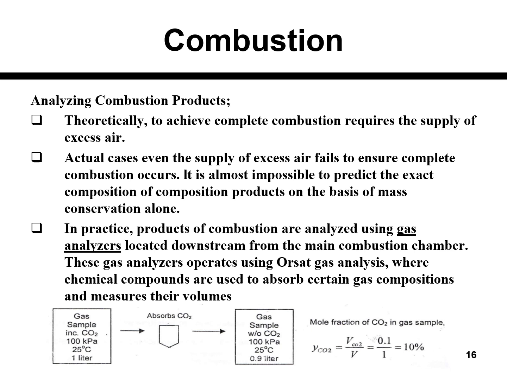In order to analyze the combustion products, theoretically, to achieve complete combustion it is required to supply excess air. In actual cases, even supplying excess air fails to ensure complete combustion, because it is almost impossible to predict the exact composition of the products on the basis of mass conservation alone.